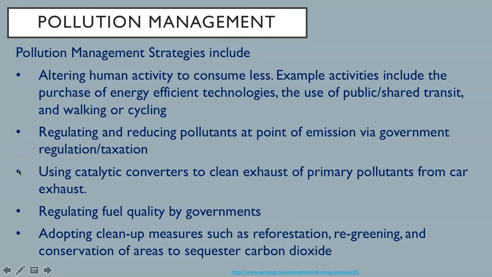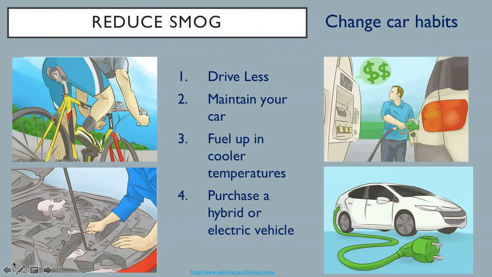Using catalytic converters to clean exhaust of primary pollutants from car exhaust. Regulating fuel quality by governments and adopting cleanup measures such as reforestation, regreening, and conservation of areas to sequester carbon dioxide.